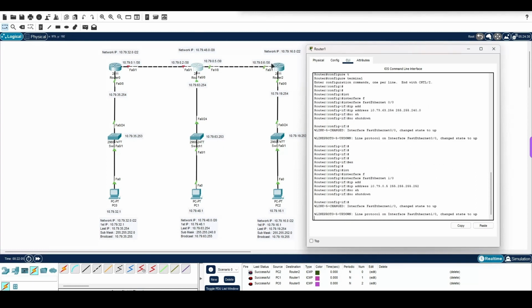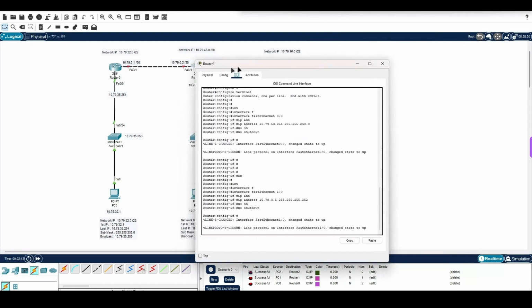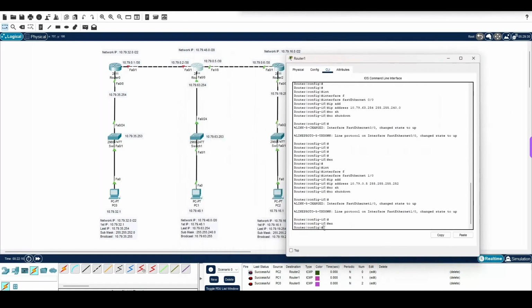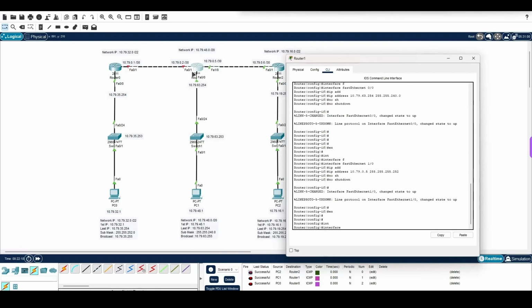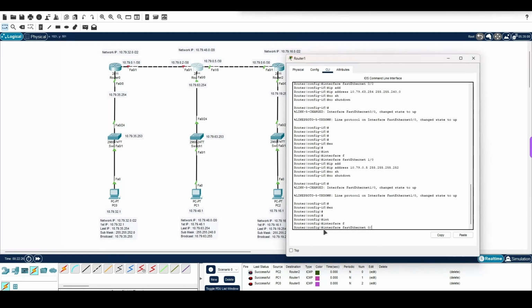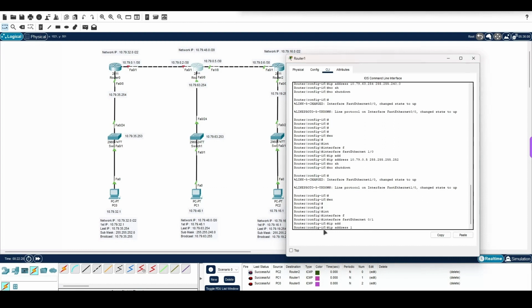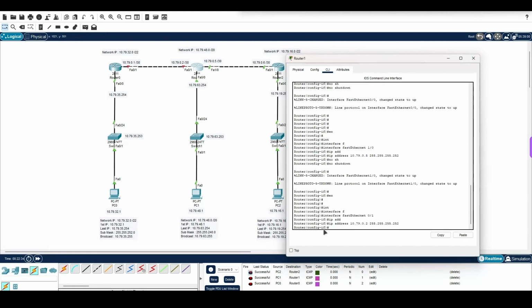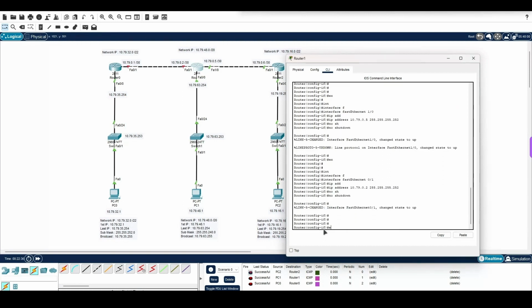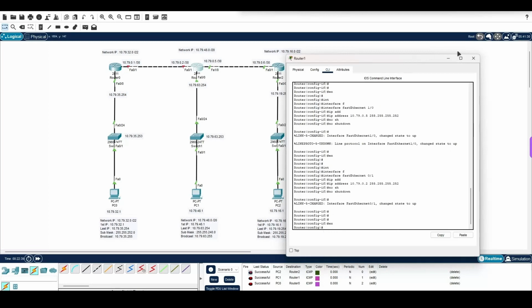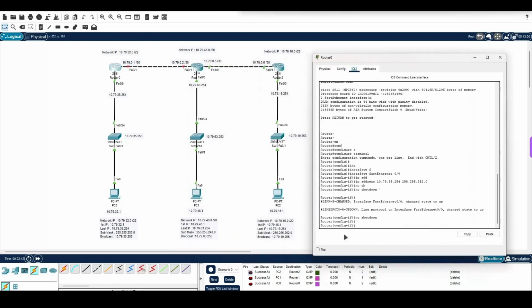When you issue the no shutdown command here and here, you will see a green light here and here. We will give an IP for this interface of this router, and one more interface.